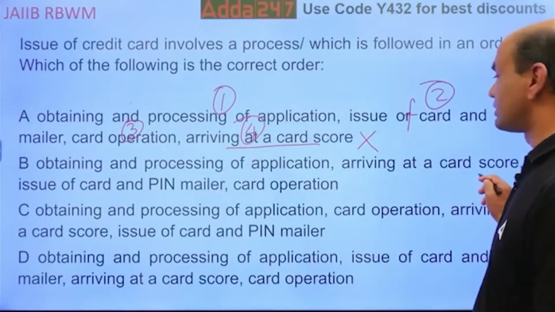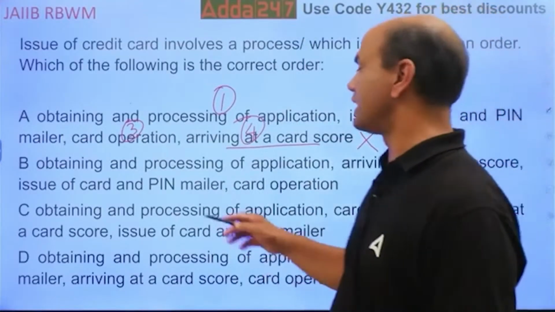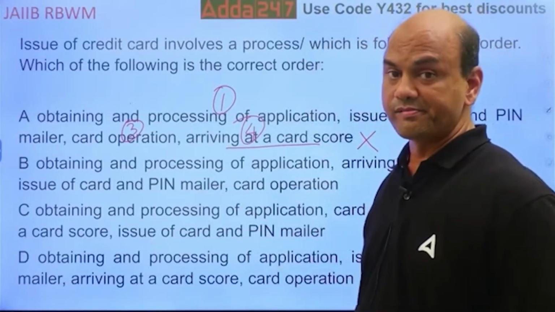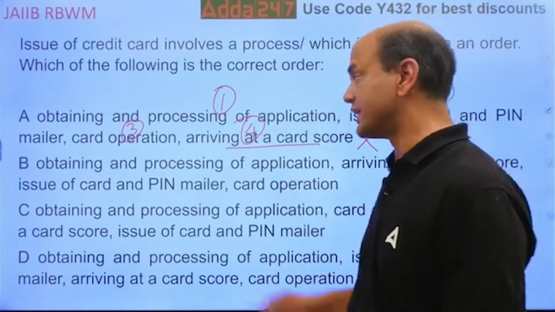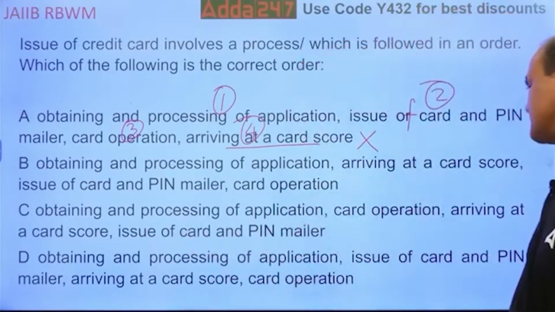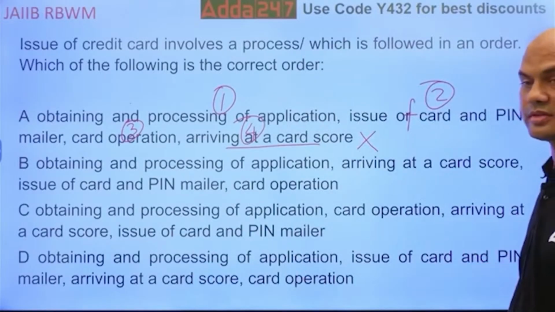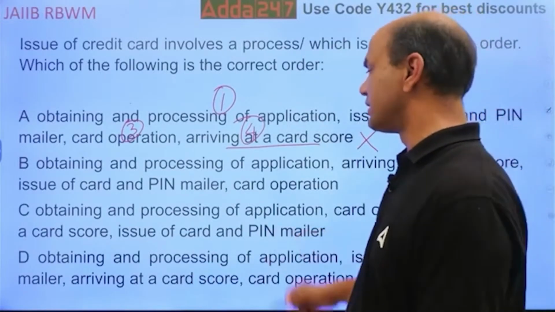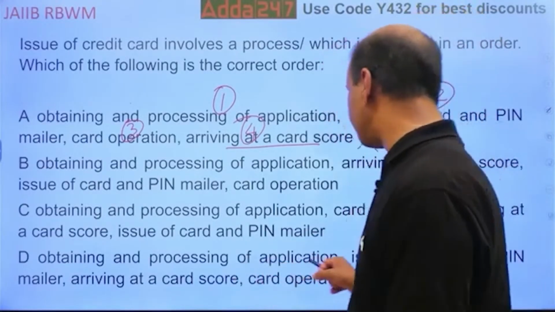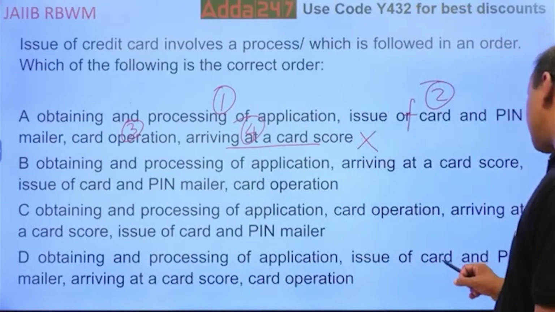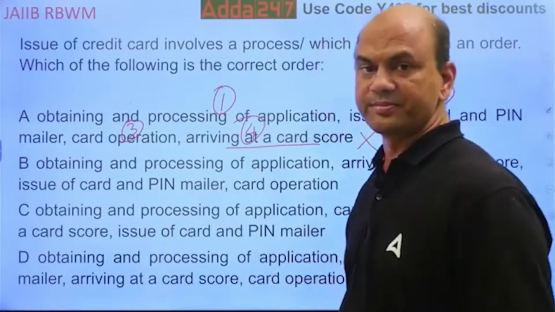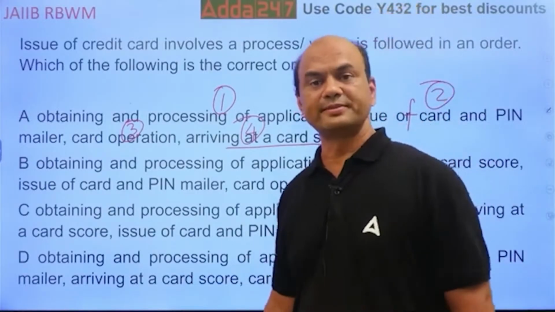Then arriving at a credit score, issuing of card and a PIN mailer, and card operations. This can be one sequence. Next, obtaining and processing of application, card operations, arriving at a credit score, issue of card and a PIN mailer. D, obtaining and processing of application, issue of the credit card and a PIN mailer, arriving at a credit score and card operations. Which is the correct sequence?